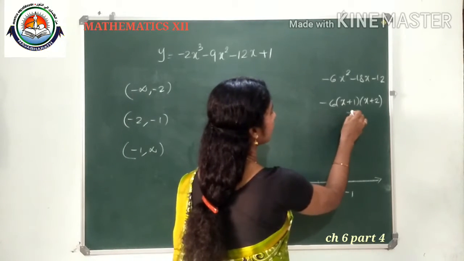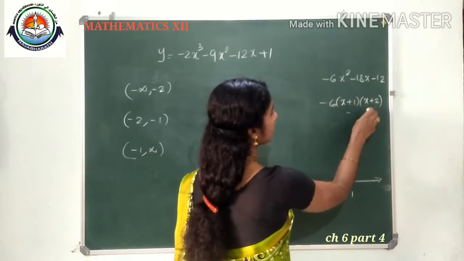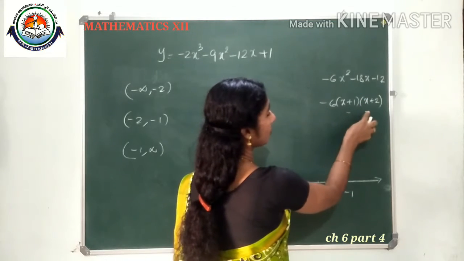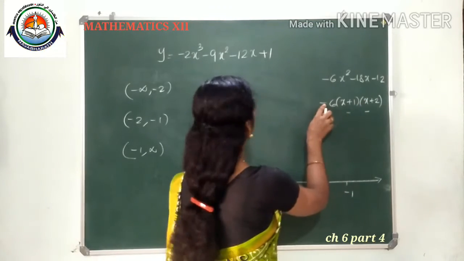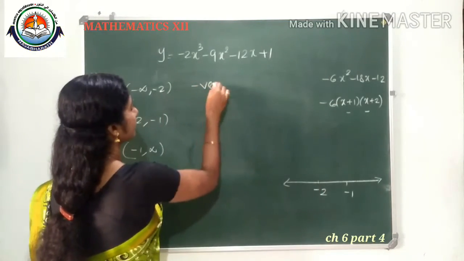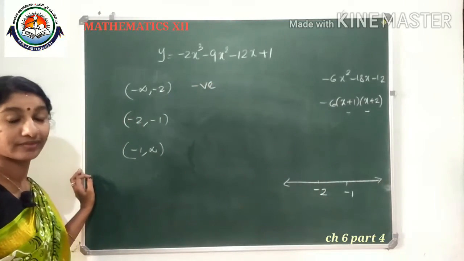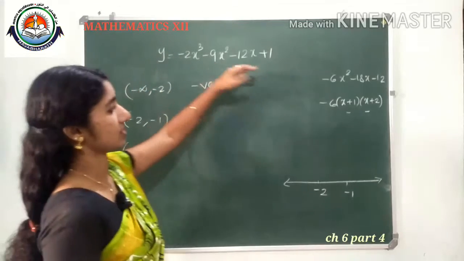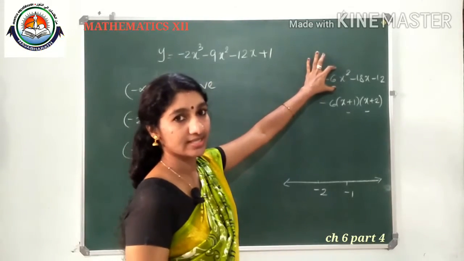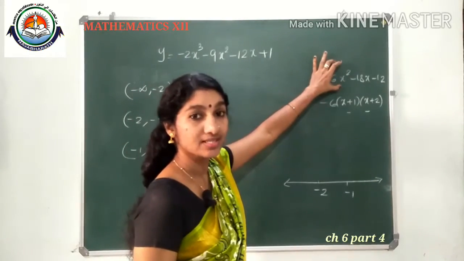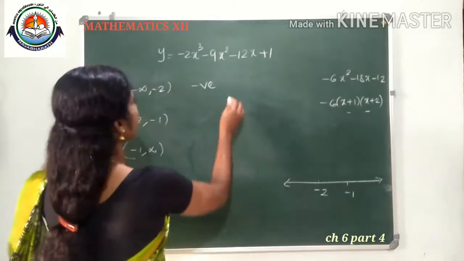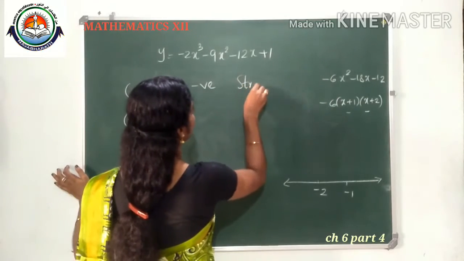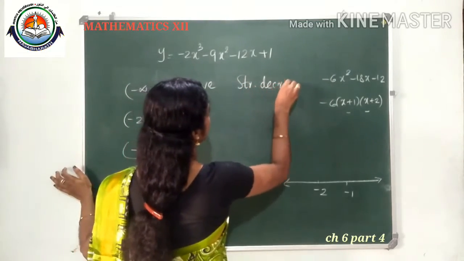Minus 3 plus 1 is negative, minus 3 plus 2 is also negative. Negative into negative is positive, positive into negative is negative. So here dy by dx is less than 0, so this function is strictly decreasing.